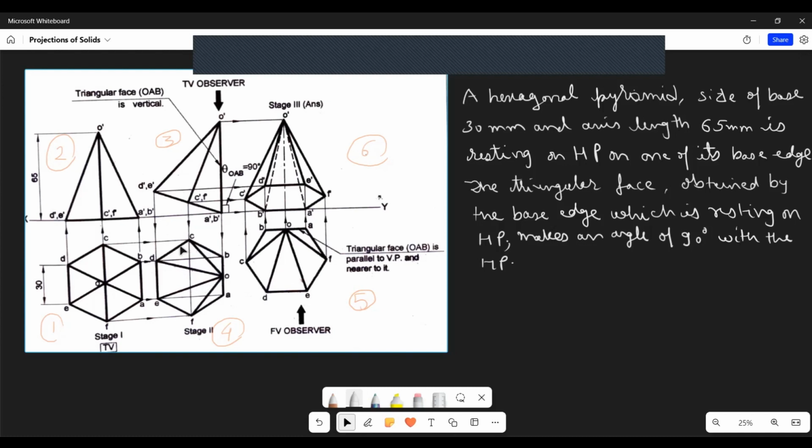View number 4. Now, stage 1 and stage 2 are completed. Now, in order to draw stage 3, we'll compare view number 4 with view number 5.